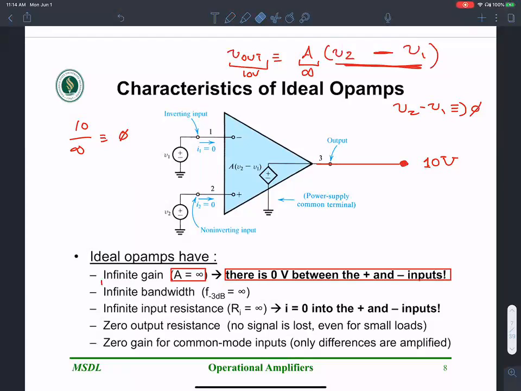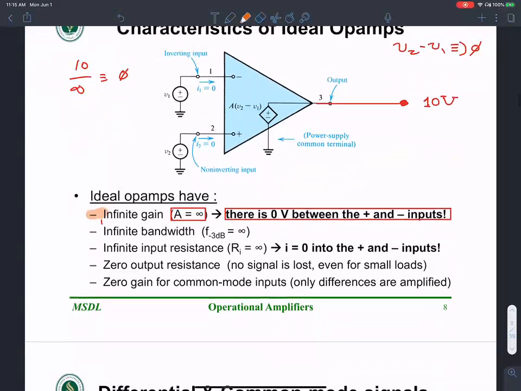If I apply some voltage over there, that's going to show up over here, owing to the fact that the amplifier has an infinite open loop gain. That's the first assumption, and all of this will become more clear when we look at some problems.